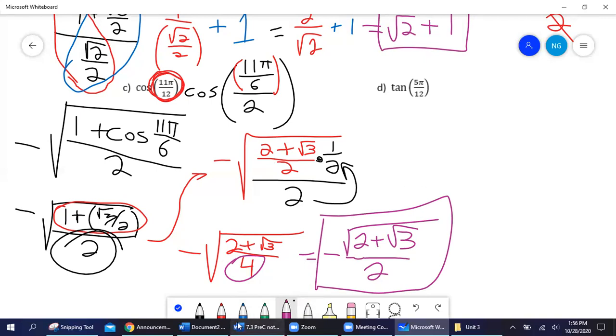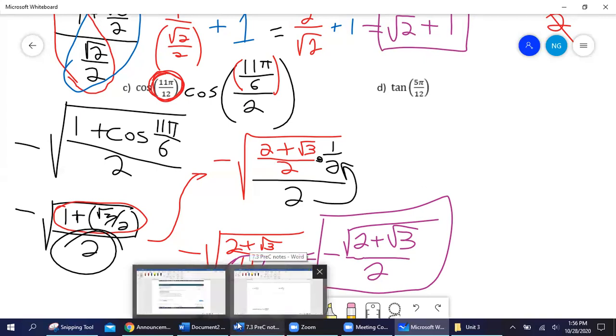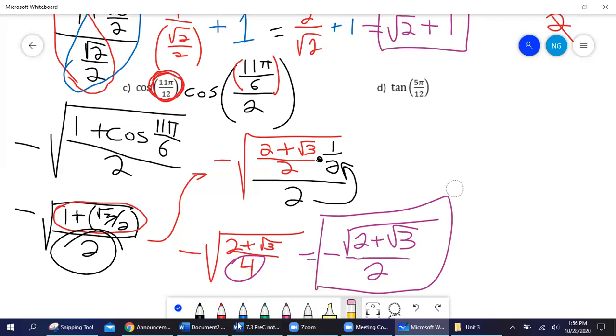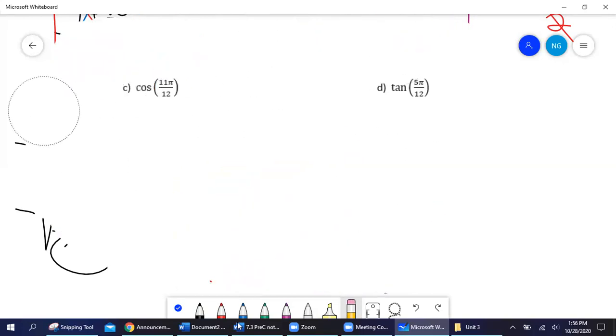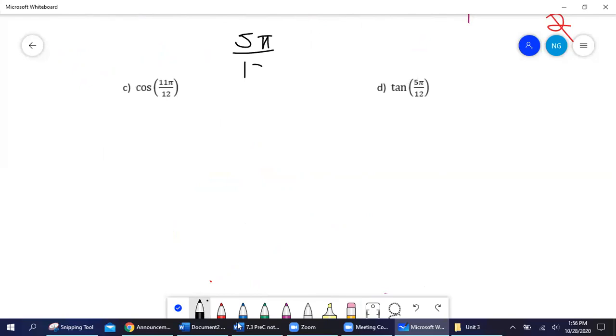For letter D, again, you can leave it in radians or you can convert it to degrees. If you're more comfortable with degrees, you multiply it by 180 over pi. You can convert this over to degrees.